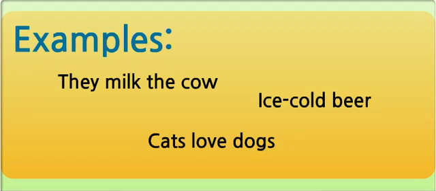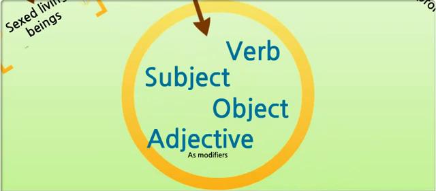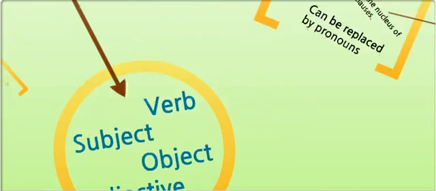And there we have "cats love dogs." Not pretty real, but anyway, there we can say that noun is a subject in cats and an object in dogs. So remember, in English a noun can be verb, subject, object, and adjective, and in Spanish only subject and object.